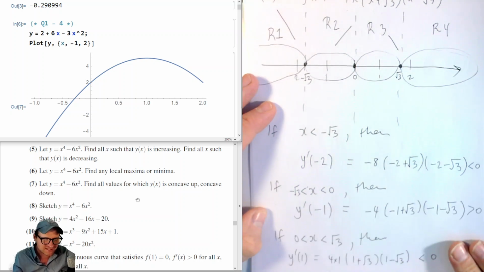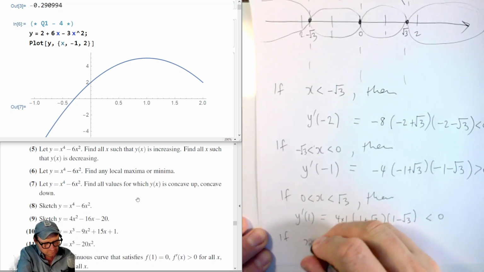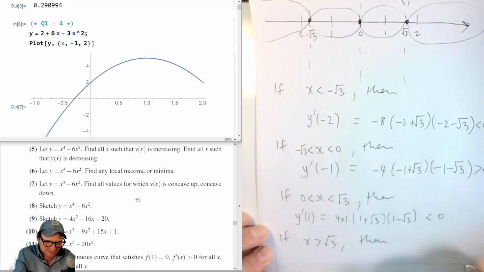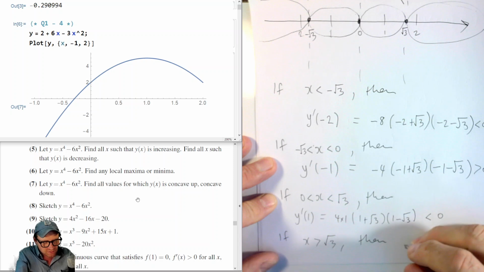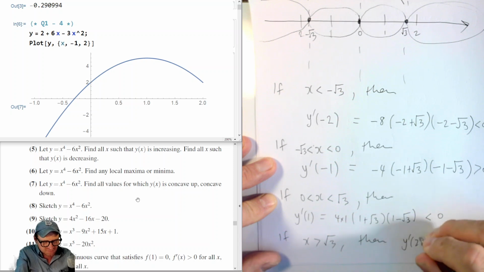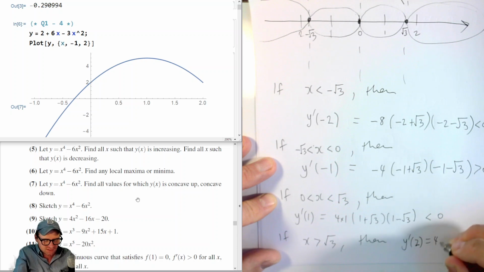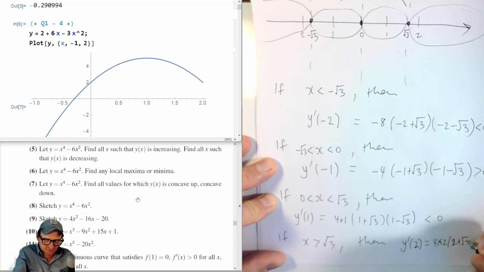If x is greater than root 3, then in this case, let's choose a number that's greater than root 3, say 2. So y dash of 2 is 4 times 2, then we have 2 plus root 3, and 2 minus root 3.